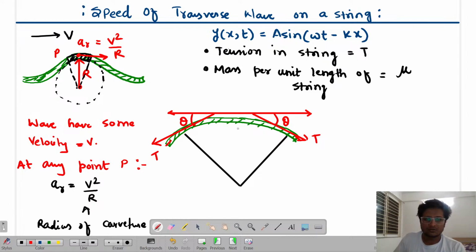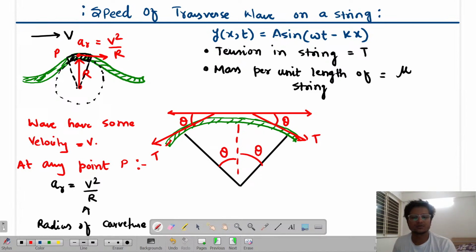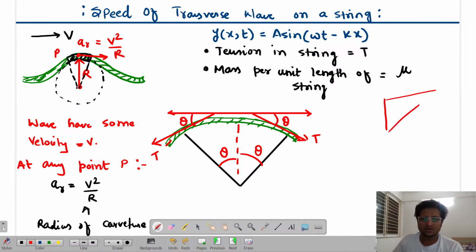Now, this tension T will be creating some angle theta with the particular horizontal level. Yes. Now, if it is theta, that angle theta will automatically match with this angle theta. Do I need to prove it? You can basically see that there is no need of proving that. See, this is my radius and this is my tangent.